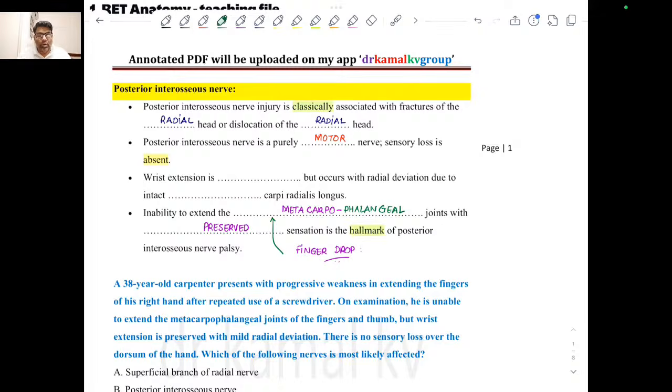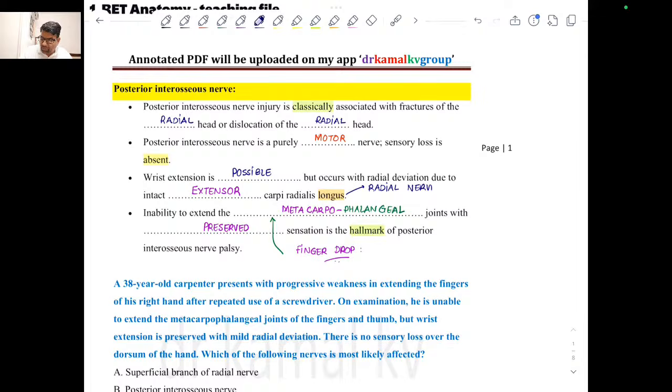And one important point to remember is that wrist extension is possible, because one of the muscles which can bring about wrist extension is the extensor carpi radialis longus, which is intact, and since it is supplied by the radial nerve, it can function.